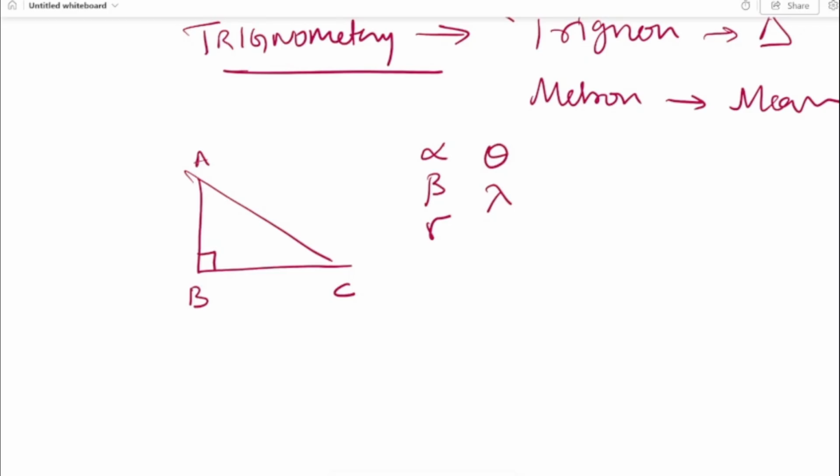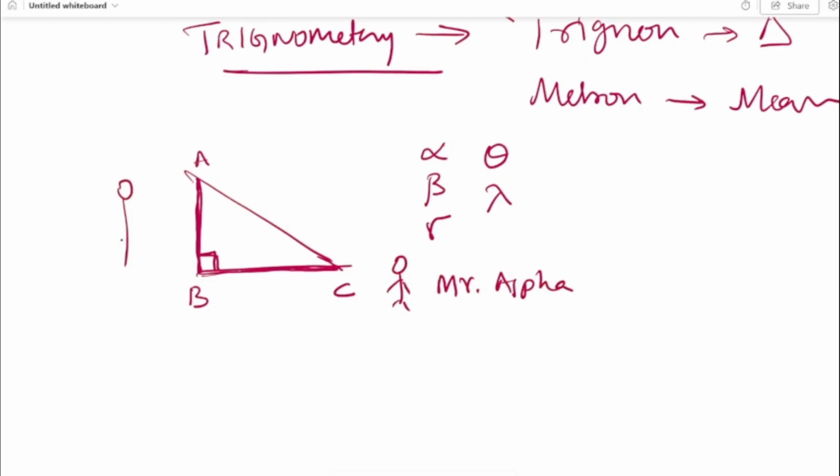Now, let me briefly tell you a small analogy. So let's recall, this is a right angle triangle. Let's say this guy, his name is Mr. Alpha. He visits New York City.